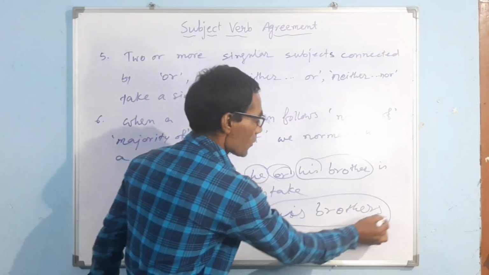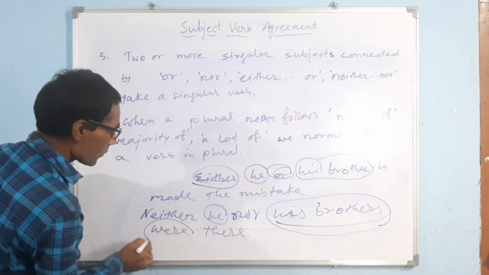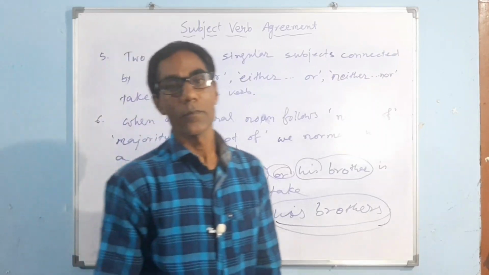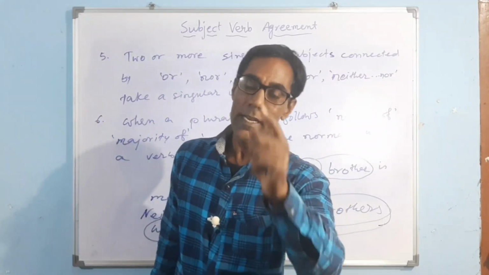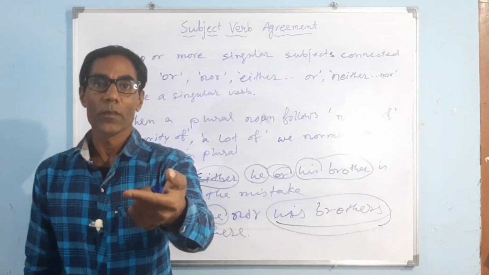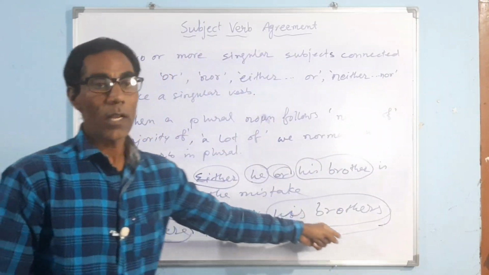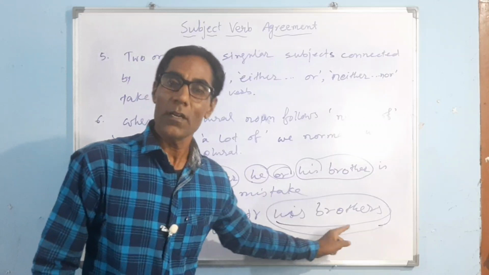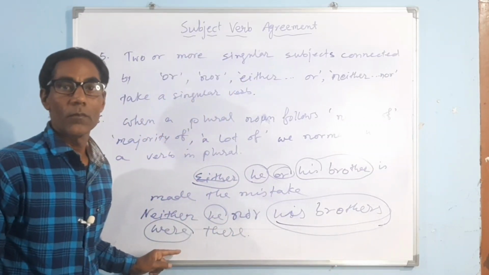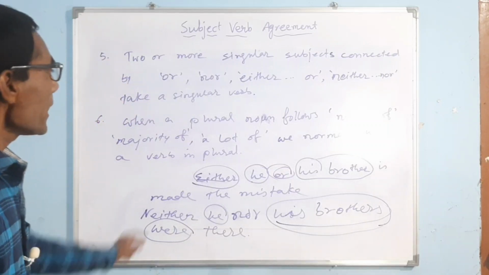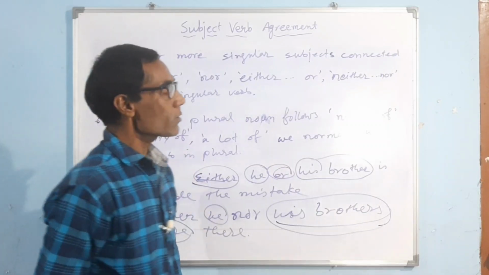His brothers is plural, therefore the verb you have to use is plural. But if both subjects are singular, singular verb. But if one is plural and another is singular, the plural will come last and you have to use a plural verb. Got it?